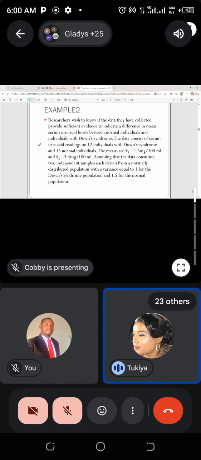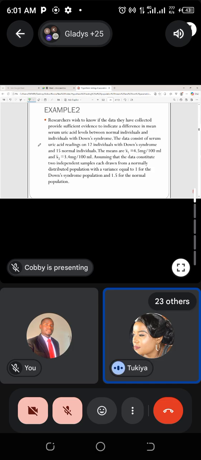Researchers wish to know if the data they have collected provide sufficient evidence to indicate a difference in mean serum uric acid levels between normal individuals and individuals with Down syndrome. The data consist of serum uric acid readings on 12 individuals with Down syndrome and 15 normal individuals.